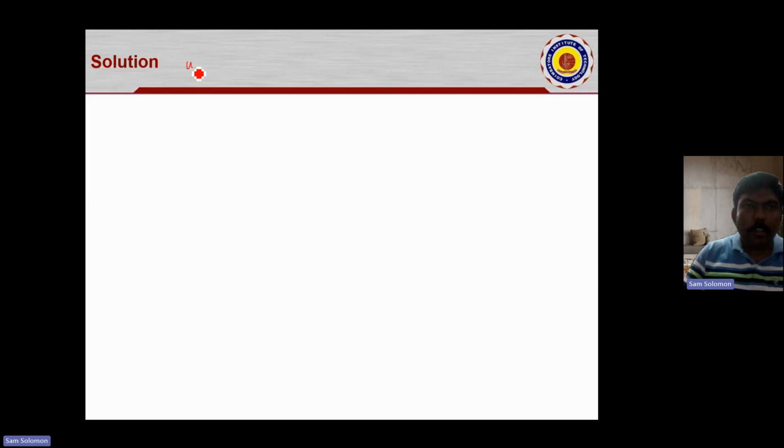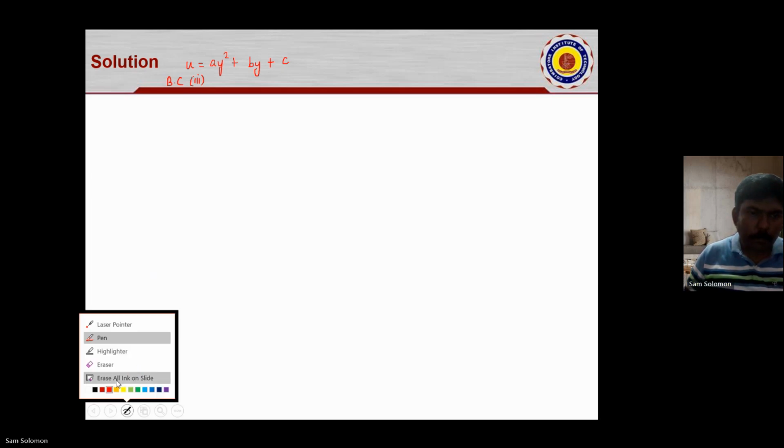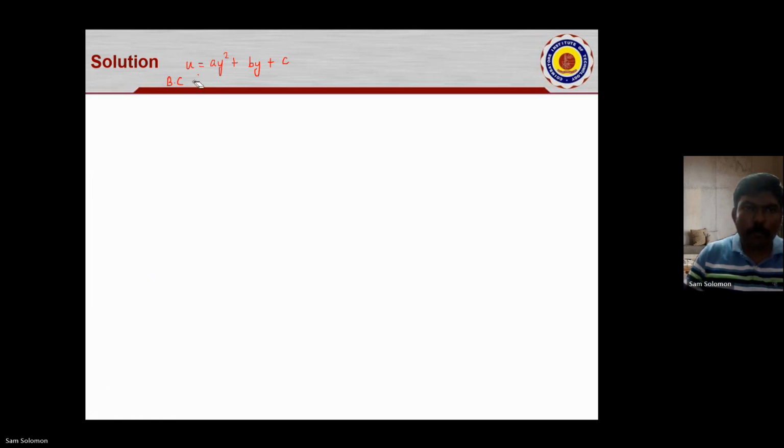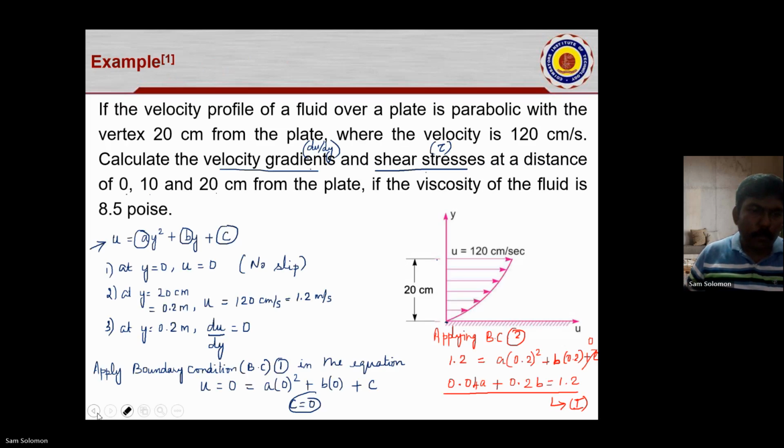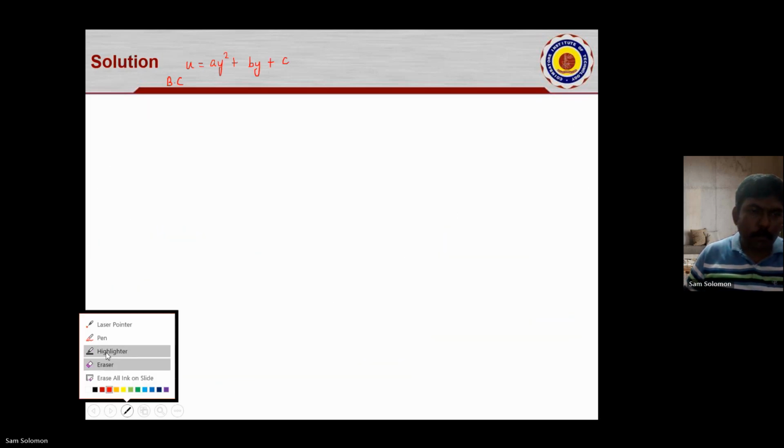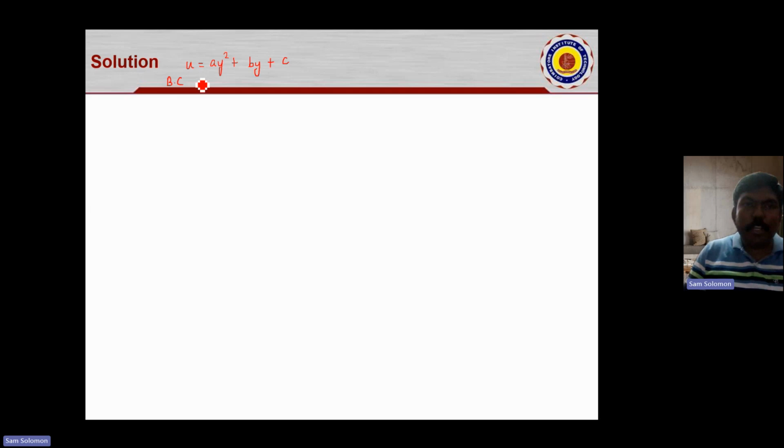What we know is u is ay squared plus by plus c. Now we need to apply the third boundary condition, boundary condition number 3, which says du by dy at y equal to 0.2 meters is equal to 0.